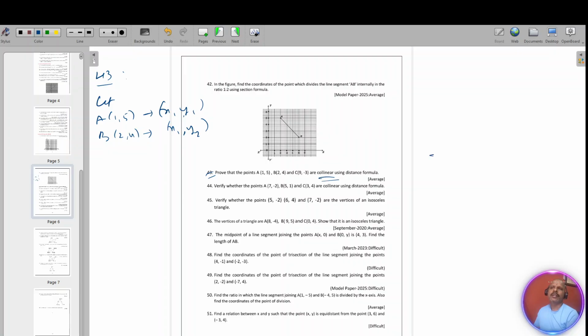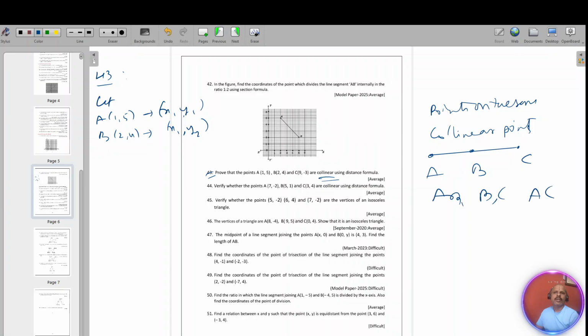Collinear points means what? Points on the same line are the collinear points. Means the 3 points A, B, C are given, such that you find AB, BC, and CA or AC, whatever.